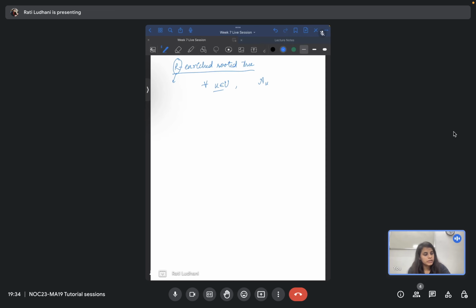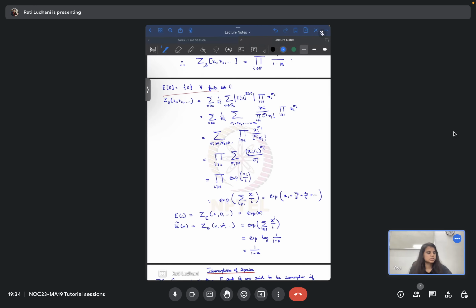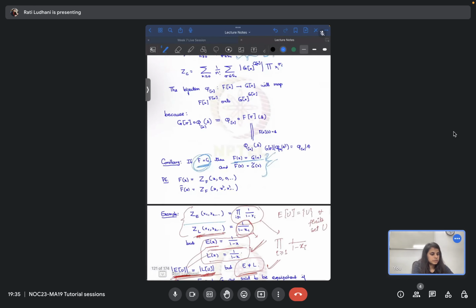And the second thing says, for every u belonging to U, consider the R structure. There exists an R structure on the set of children, the number of children. So yes, that is the good definition.